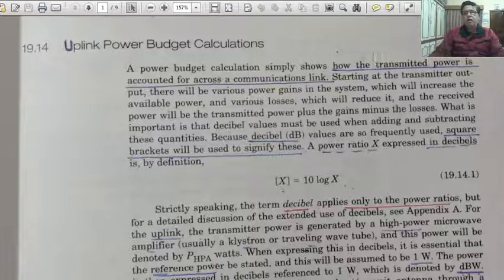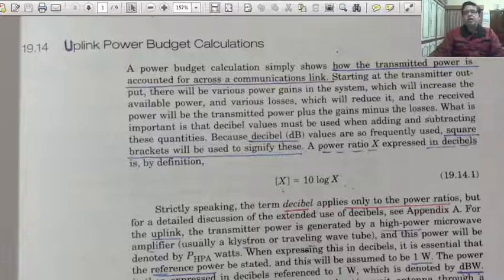It depends upon transmitted power, and how transmitted power is accounted for across a communication link.